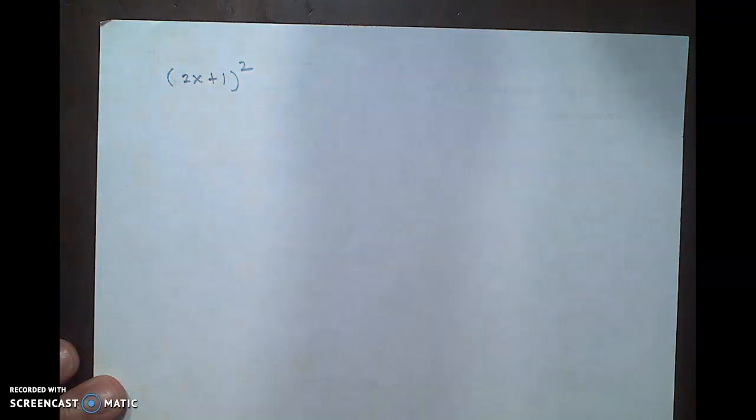So now, in some instances, some of these problems can be written a little bit differently. For example, if you have 2x plus 1 squared, just like this. The most common mistake is someone would distribute the exponent 2 through the parentheses.